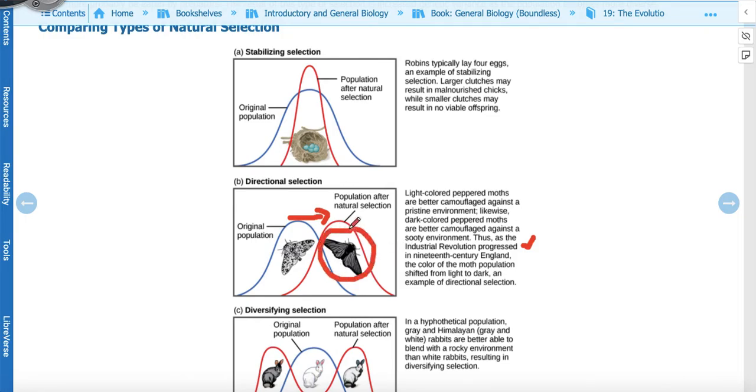So that's one type of shift or directional selection favoring this phenotype right here. But when you think of the moths, you can also think of them in terms of diversifying selection. If you happen to have both populations living in an environment that has both clean and sooty regions, and we'll talk about that in just a sec.